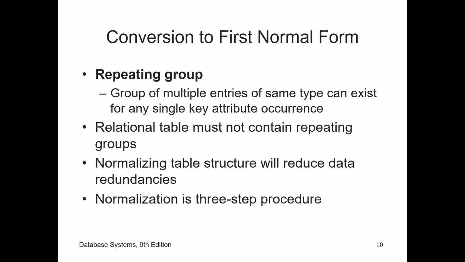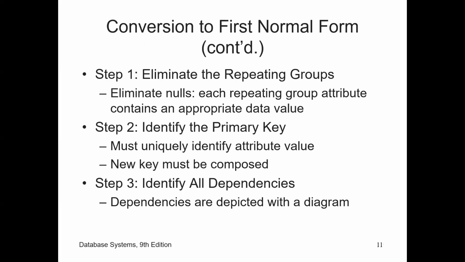The normalization process starts with a simple three-step procedure. So let's have a look at these steps. Step one, eliminate the repeating groups. Start by presenting the data in a tabular format where each cell has a single value and there are no repeating groups.